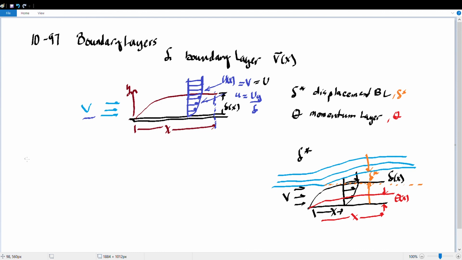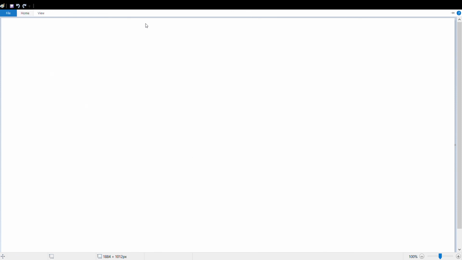All right, let's open a new page here. What we have is a way of calculating the displacement boundary layer, and that's this integral here: the integral from 0 to infinity of 1 minus little u over capital U, dy.